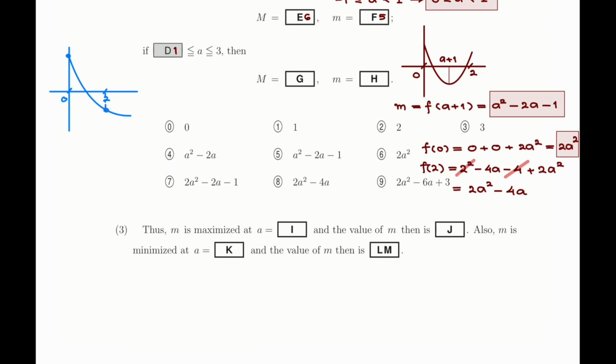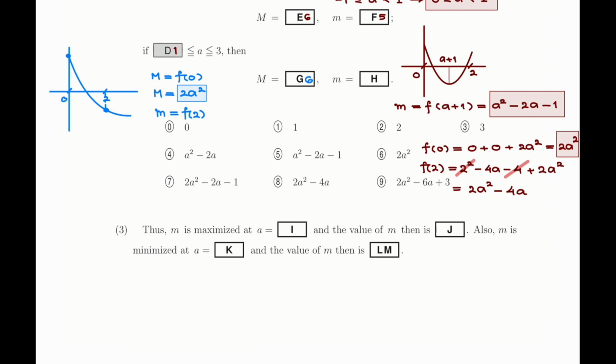So capital M is when x equals 0. We already found it, yeah? f of 0 is 2a squared. So letter G here is number 6. And then the lowercase m is f of 2.